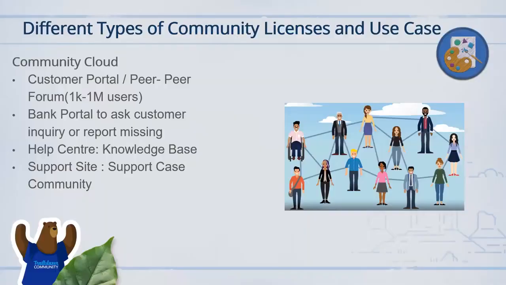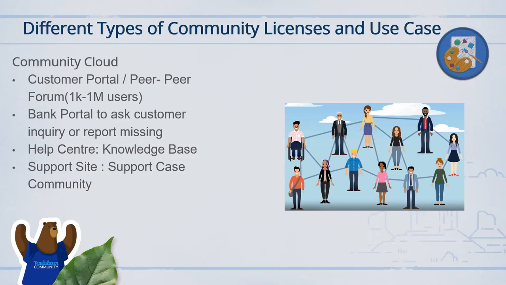So now let's discuss the different licenses for communities. It is very important to decide the right license for the right business. It is very important to first evaluate the business use cases and then determine which license will fit into this business use case.